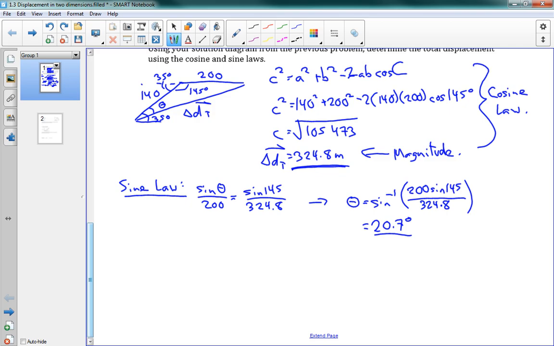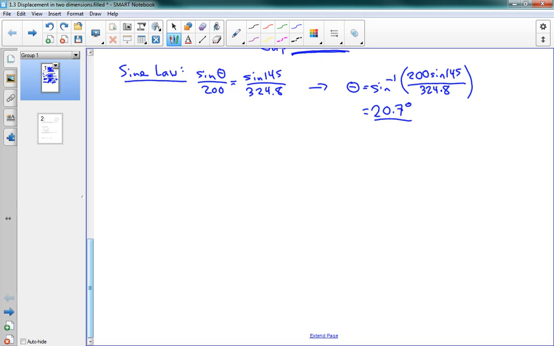Which tells us in the end that therefore our total displacement is equal to, I'm just looking at the units here.